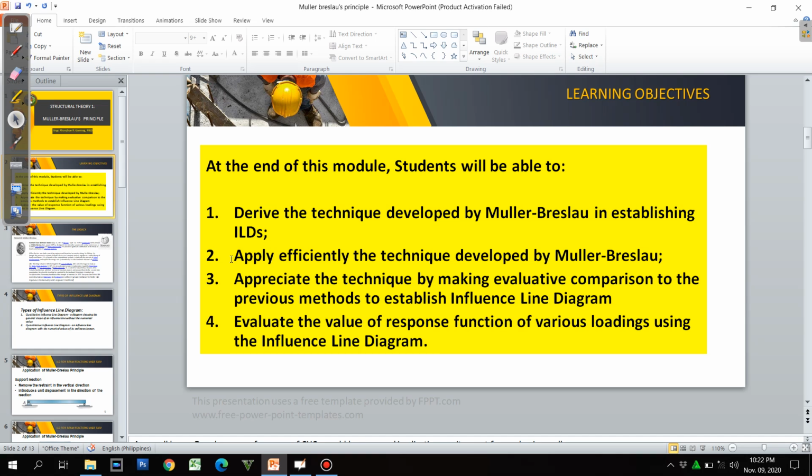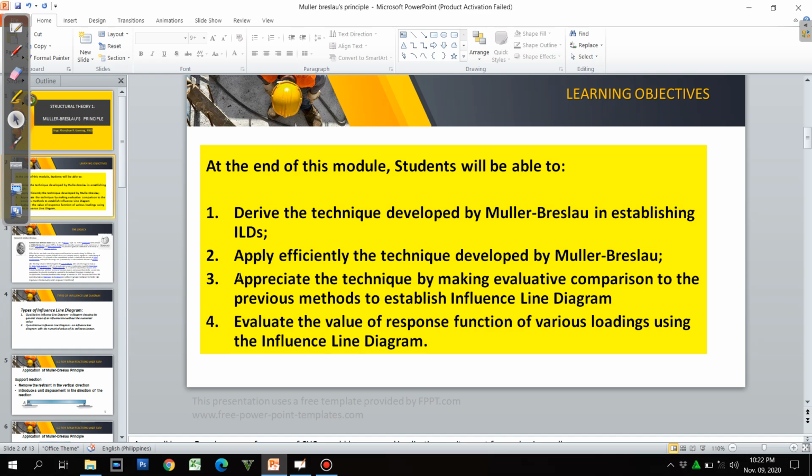Secondly, apply efficiently the technique developed by Mahler-Breslau, and after which we intend to appreciate the technique by making evaluative comparison to the previous methods to establish influence line diagram.